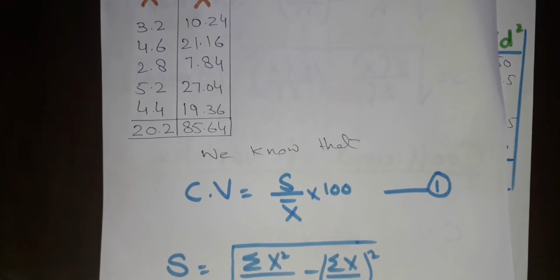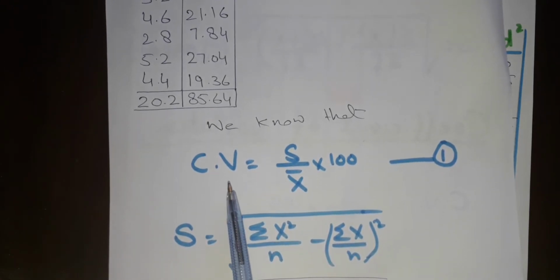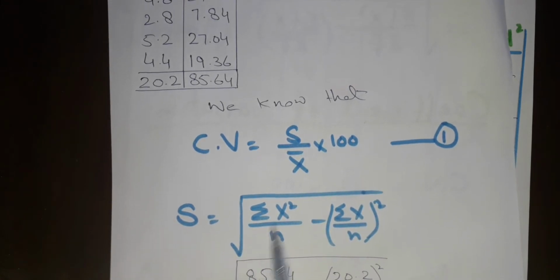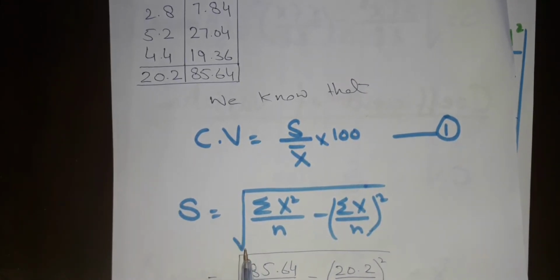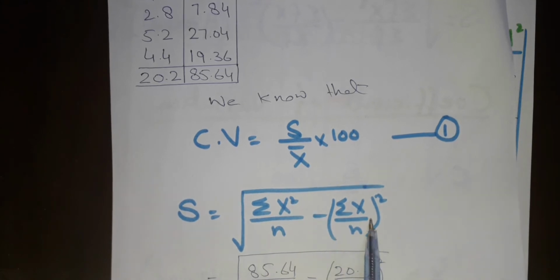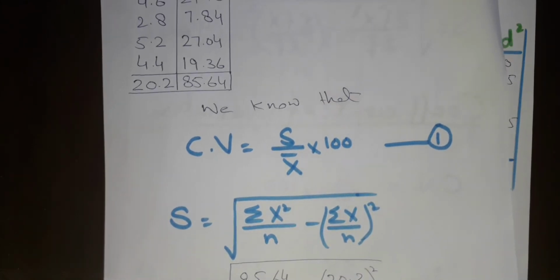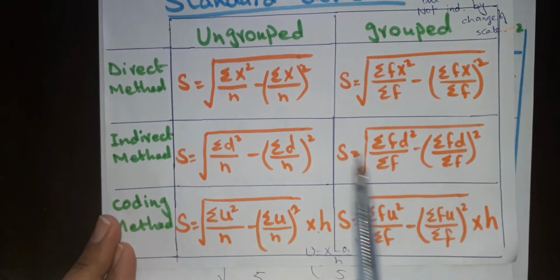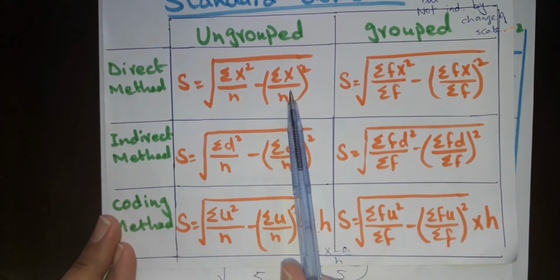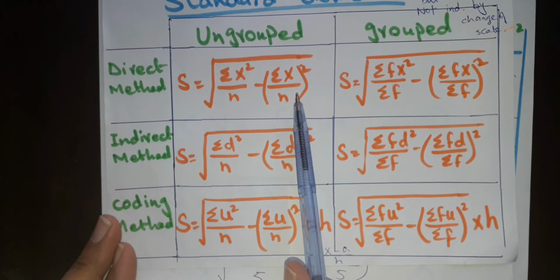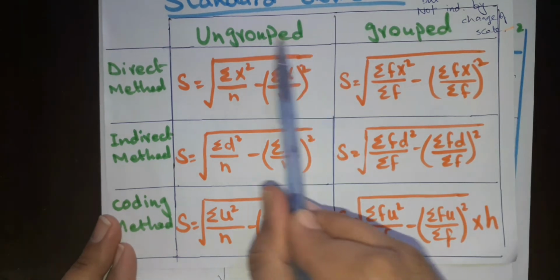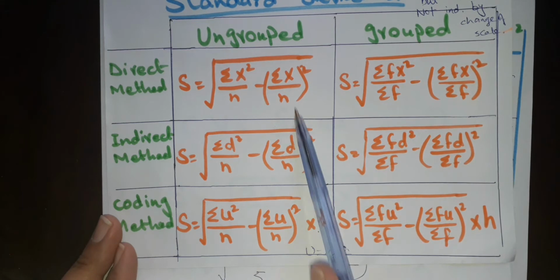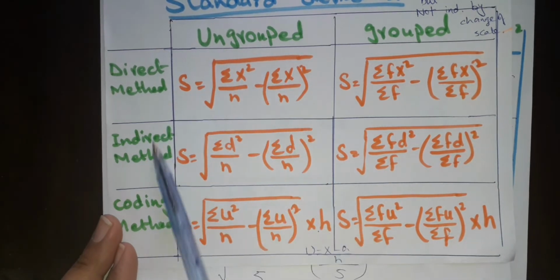We are asked about standard deviation and CV, coefficient of variation. Now we all know the formula of CV: CV is equal to S over X bar multiplied by 100. And the formula of S is the square root of summation X square over N minus (summation X over N) whole square. From these 6 formulas, we use this formula, because it is ungrouped data, so we have to use one of these 3 ungrouped formulas.